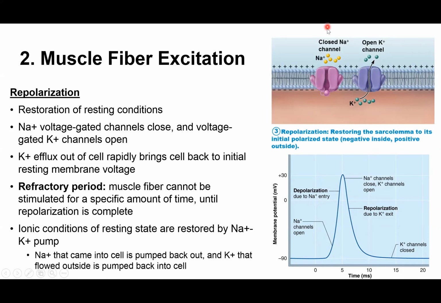So now no more sodium can come flooding in. And when the sodium channels are closed, the potassium channels are going to open. And whenever the potassium channels open, this causes potassium to leave the cell.